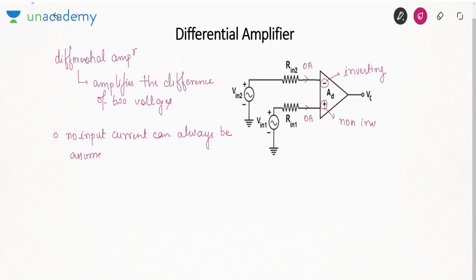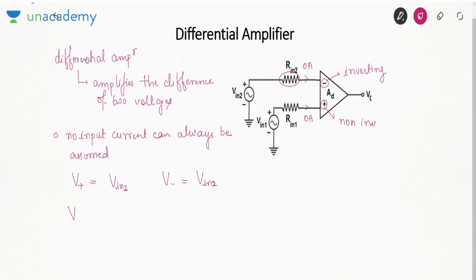This is an assumption which you can apply to any question that you are solving. So what is the voltage of positive terminal? Since there is no current in Rn1, there is no voltage drop. So V positive is V in 1. What about voltage of negative terminal? Again, due to zero current, no voltage drop in Rn2. It is V in 2.